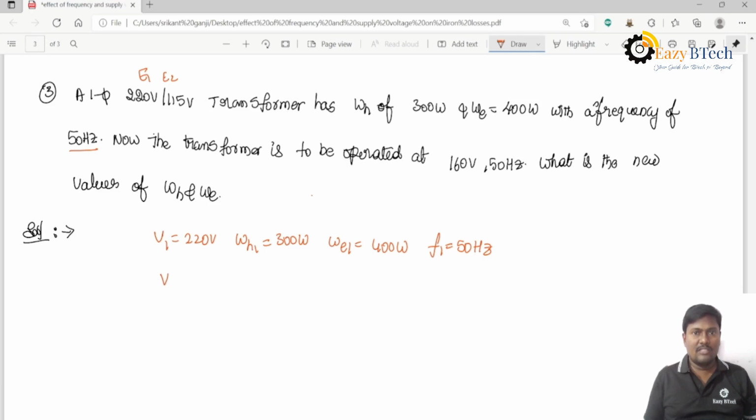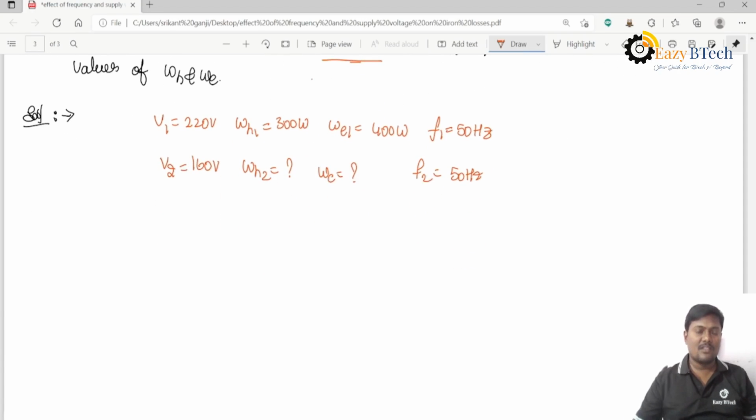And now it will be operated at 160 volts, with the frequency still 50 Hz. Now what is the hysteresis loss 2 and eddy current losses 2? The frequency is also same, F2 is equal to F1. Then hysteresis losses is directly proportional to V power 1.6, and eddy current loss is directly proportional to V square.